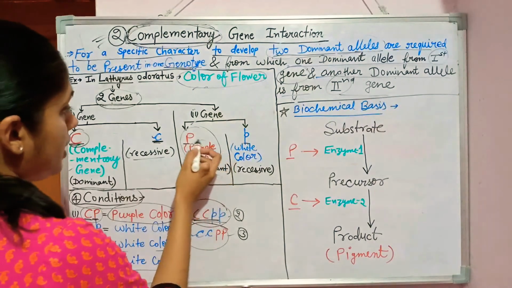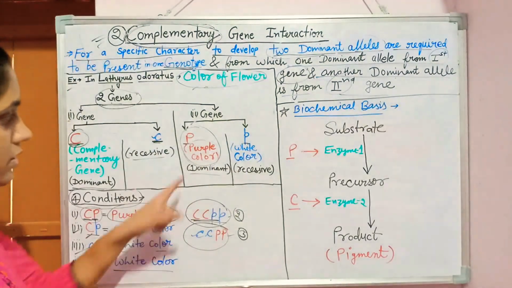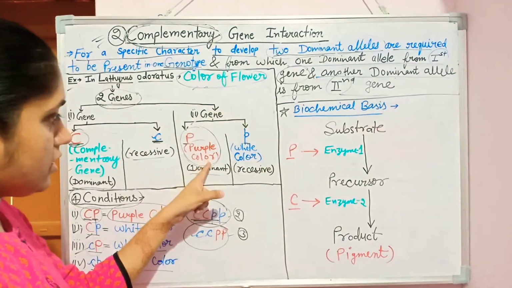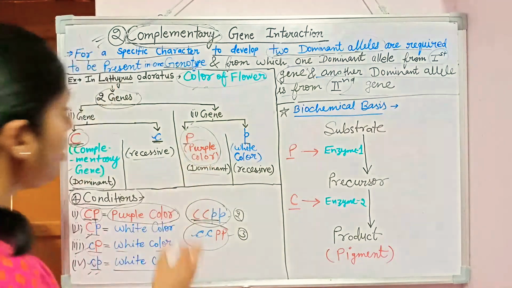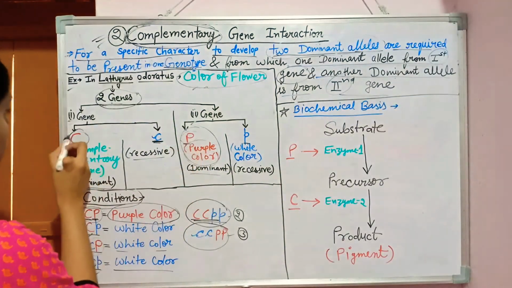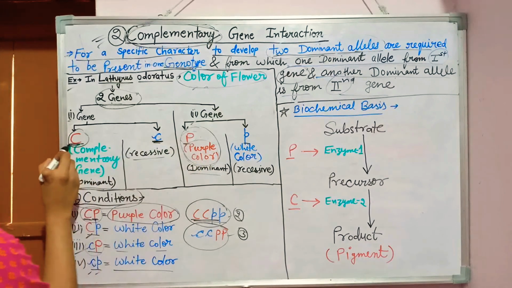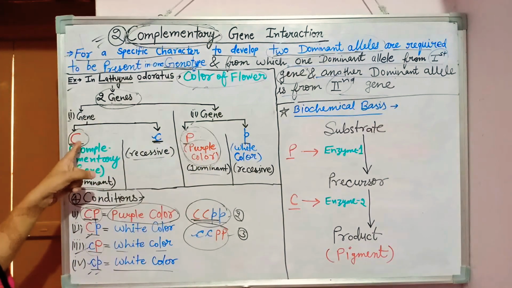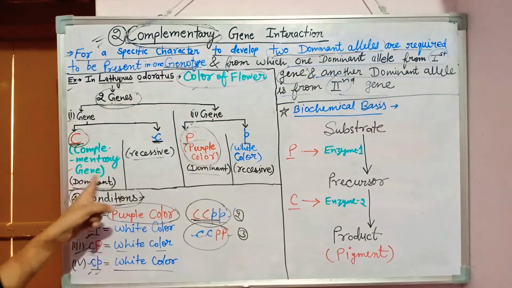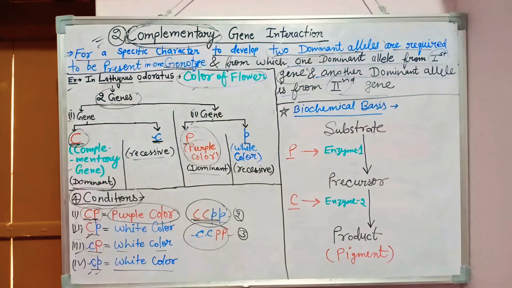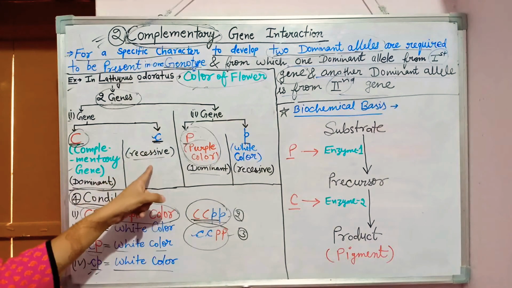This purple flower is present when both dominant alleles are present. This capital C allele is known as the complementary allele, which is dominant for this gene, and small c is recessive.